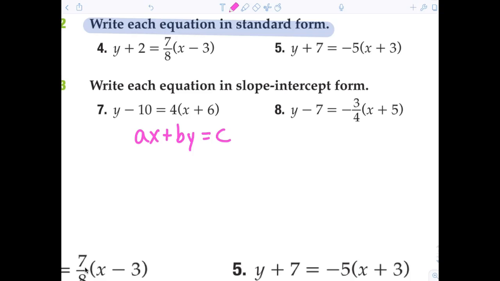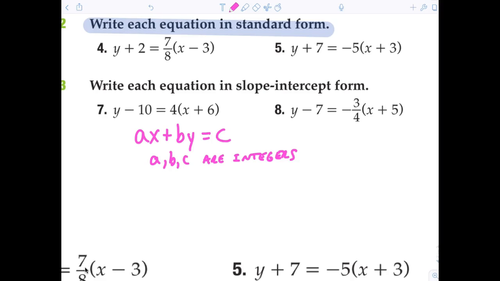So the first thing you must remember, a, b, c are integers. Those of you who forgot what integers are, they're just counting numbers, positives and negatives. So 1, 2, 3, -1, -2, -3.